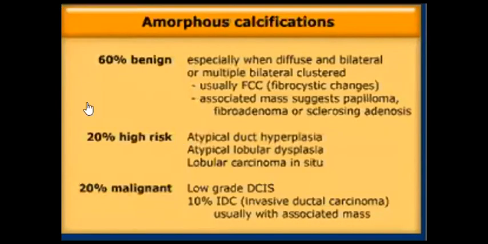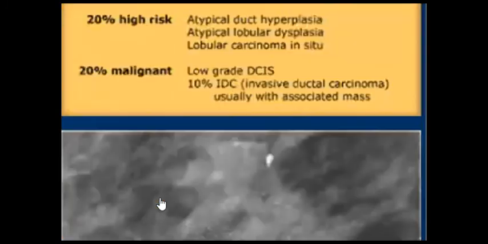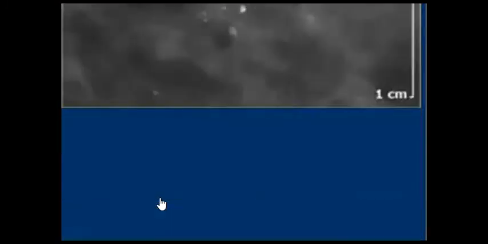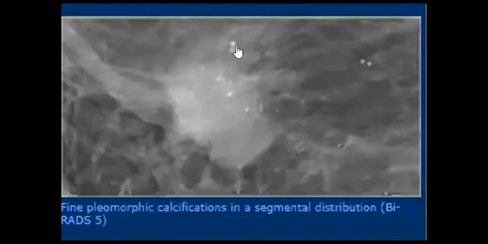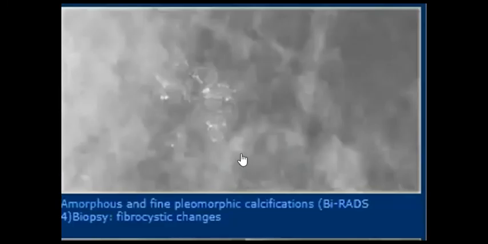There is no defined shape or form. So this is what's called amorphous calcifications. About 20% of cases are malignant. So still suspicious. There is what is called heterogeneous or coarse calcifications, and the fine pleomorphic calcifications, which is very suspicious. The amorphous fine pleomorphic, again suspicious.